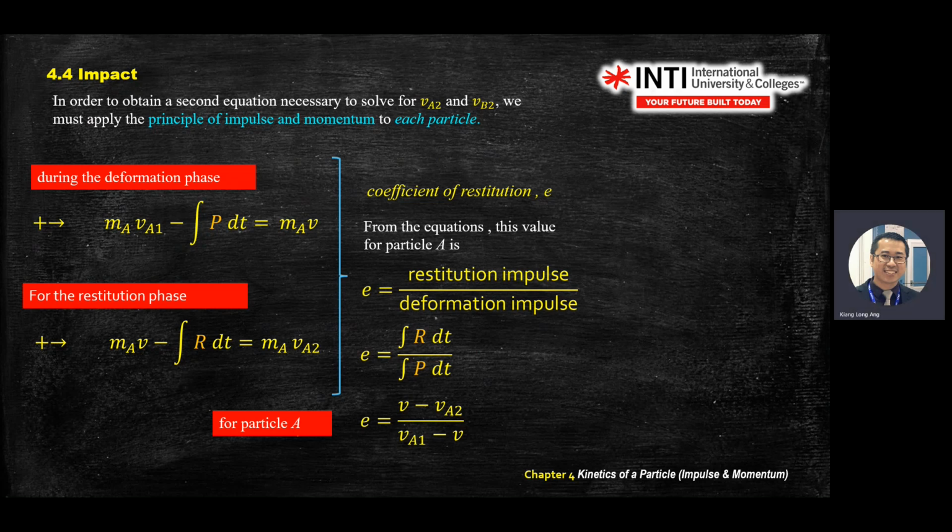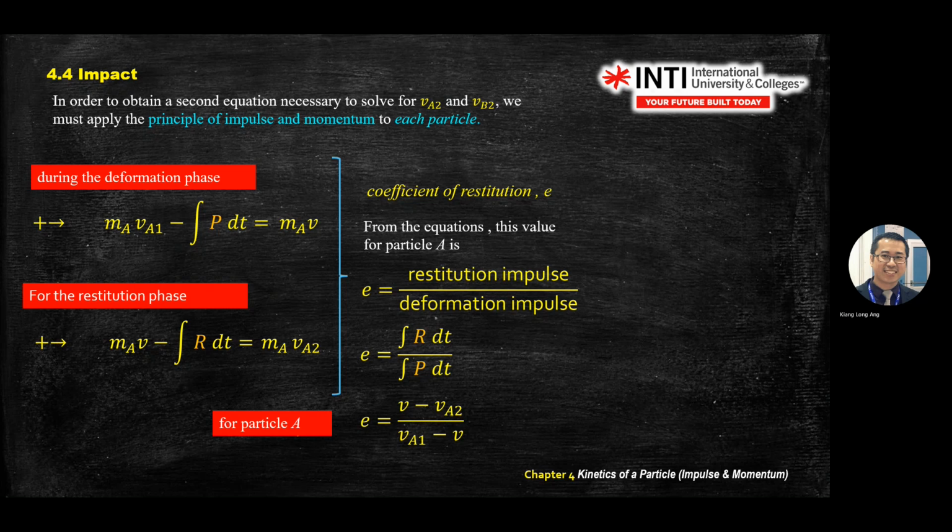You move this one to the right. You have m_A v_A1 minus m_A v, and then minus m_A v_A2, you get positive. m_A v plus m_A v_A2... equal to the integral of R dt.